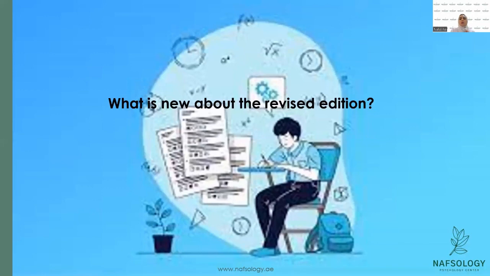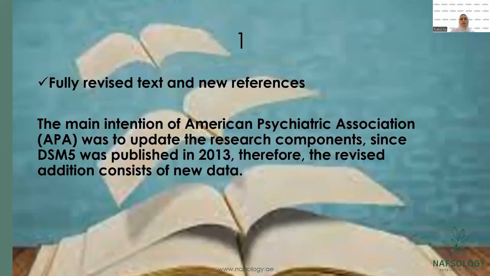So what is new about this revised edition? Meaning, what's new about DSM-5-TR? Now it has five new things that were revised in this DSM version. The first is that it has a fully revised text and references. DSM-5 was published in 2013, and now DSM-5-TR is in 2022.